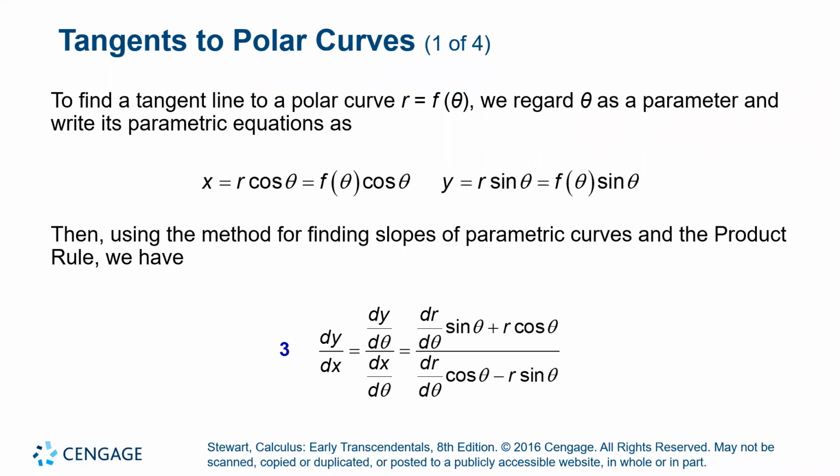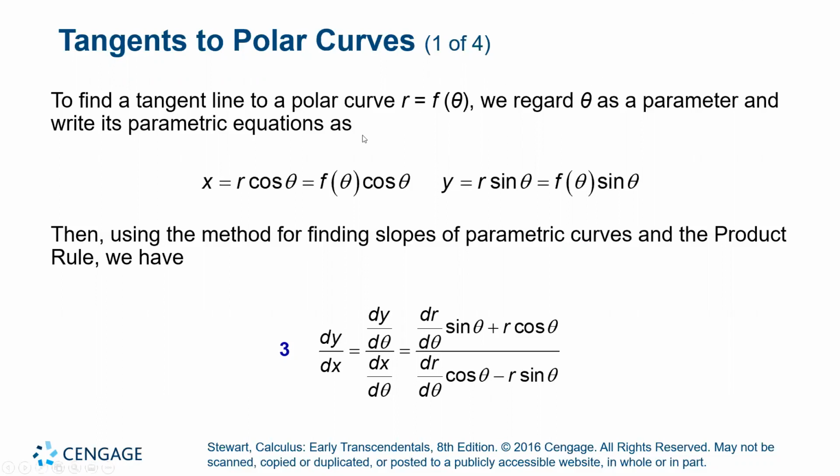To find a tangent line, we're going to use the parametric representation of the polar equation. Remember, a couple of videos ago, we discussed that if you wanted to translate from r, theta, polar coordinates, into Cartesian coordinates, which are x and y, we can use the formulas x equals r cosine theta and y equals r sine theta.